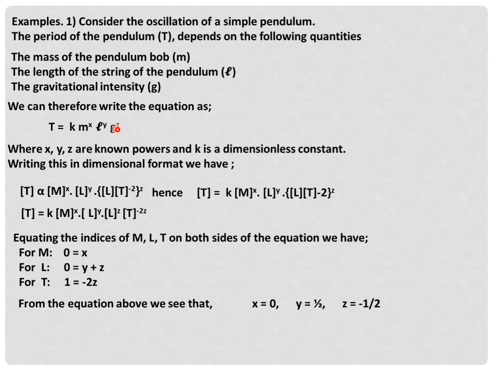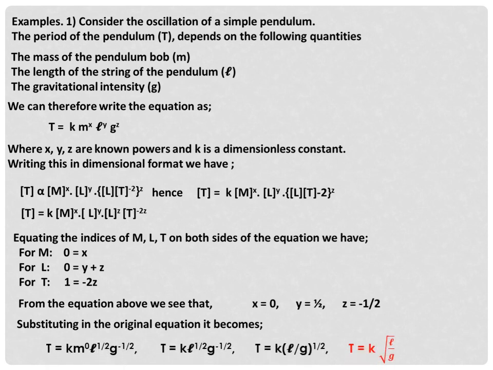Please, this is where our knowledge of indices is tested once more. We now have to substitute in the original equation, and if we substitute carefully, we have T is equal to k m raised to the power 0, L raised to the power half, and g raised to the power minus half. M raised to the power 0 is 1, so it disappears.